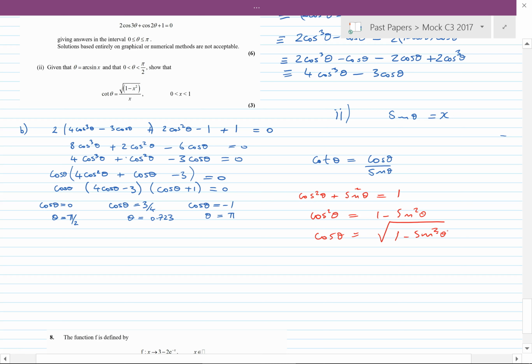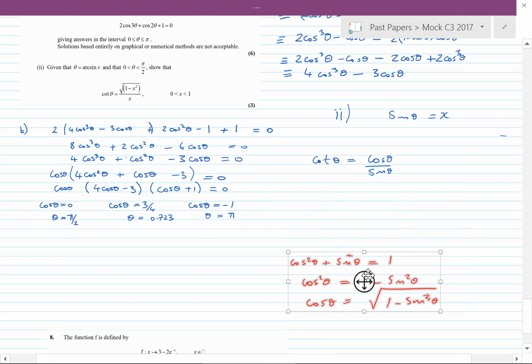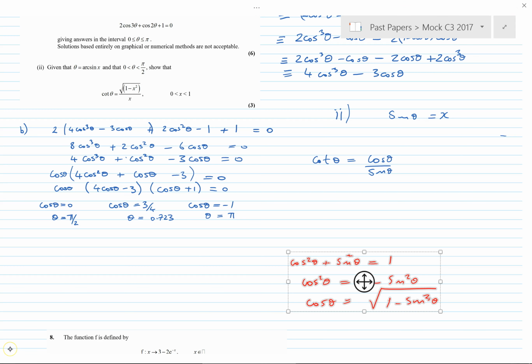Okay, we know that. You might say, well, why not the minus, which would be quite justifiable, but we're told that the angle is less than pi by 2, so that means it's not negative. So let me just take that away. You wouldn't have to write that in the exam. We could actually just write this.